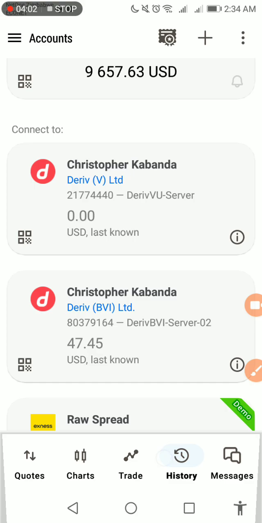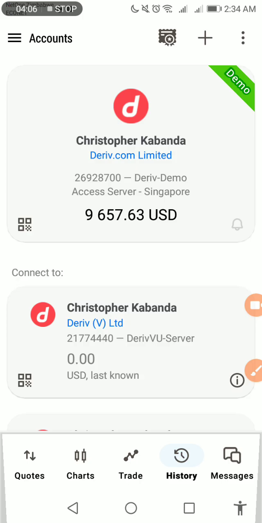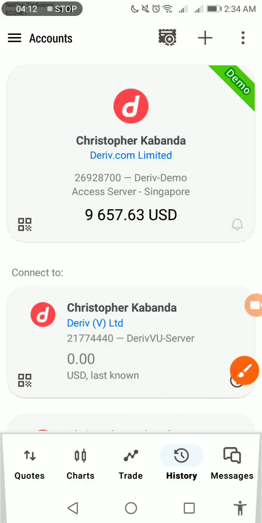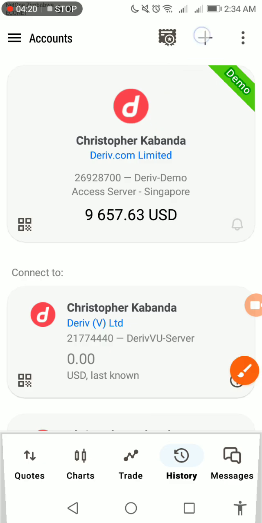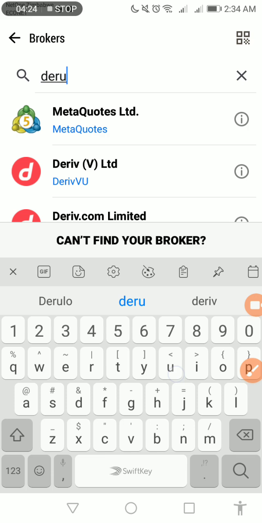Then for those still new to trading, you can log in these accounts to see my performance going to the trade history section. So if you download MetaTrader 5 application, not 4, if you use Android, you can select that plus sign, then you type in Deriv.